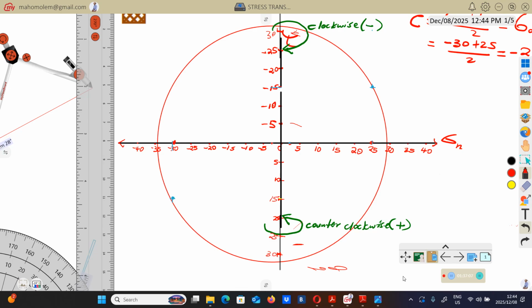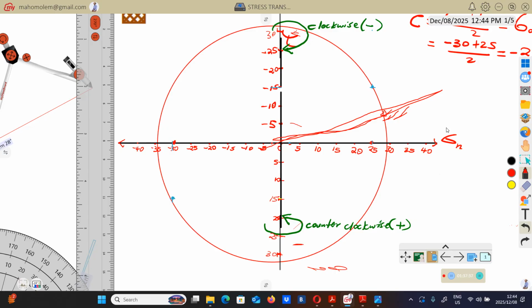Yeah, so guys, any point on the cycle represents the state of stress on the corresponding phase of the element. So this point here, which is going to have this plane like this.